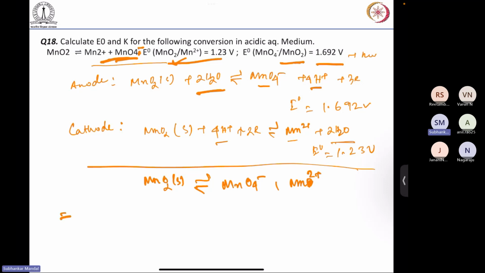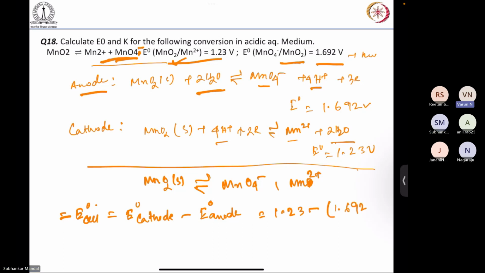So E cell, what is the anode? This is the anode. E cathode minus E anode, E naught as it is standard state. So E cathode 1.23, minus... the one having the least value is the anode.